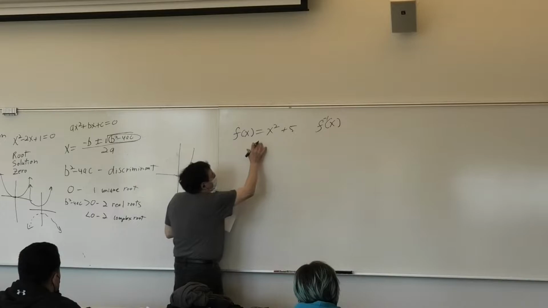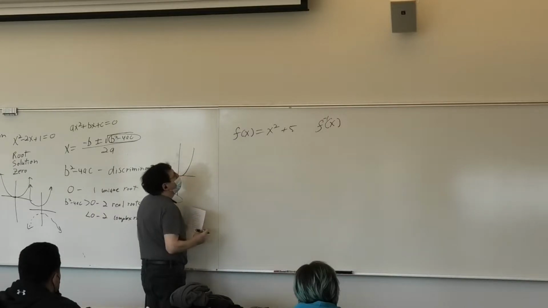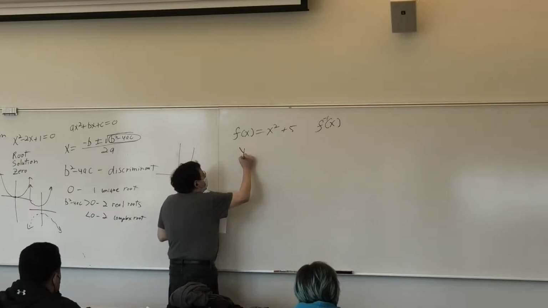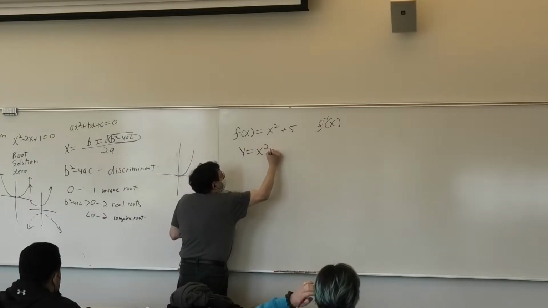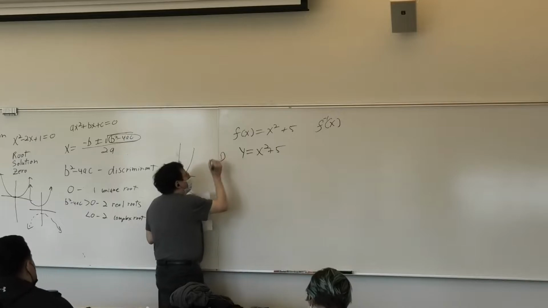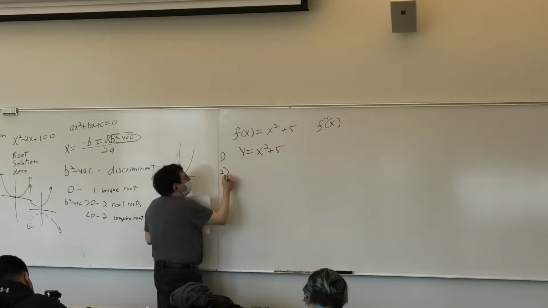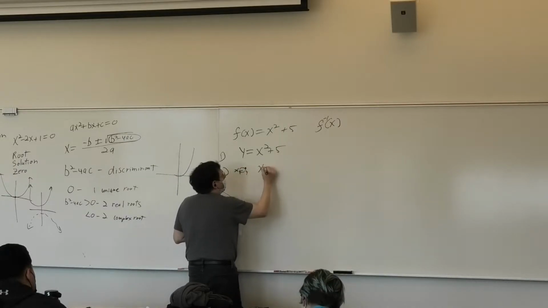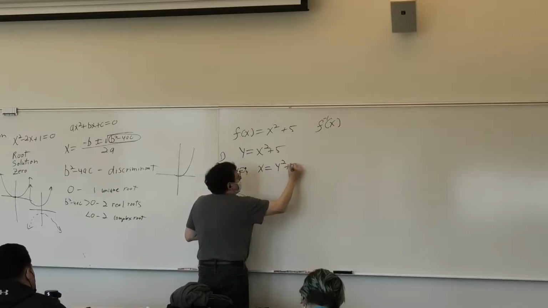But what's the process to find the inverse? Well, this is the way I go about it. I write this as y equals x squared plus 5. That's step 1. Step 2, I switch x and y. So I get x equals y squared plus 5.